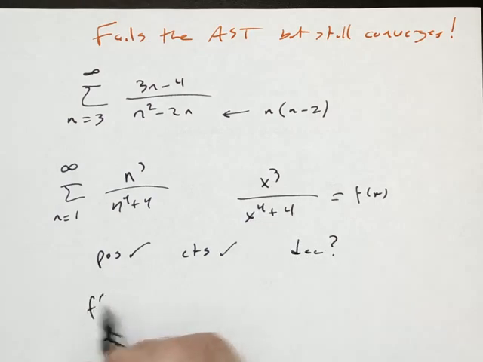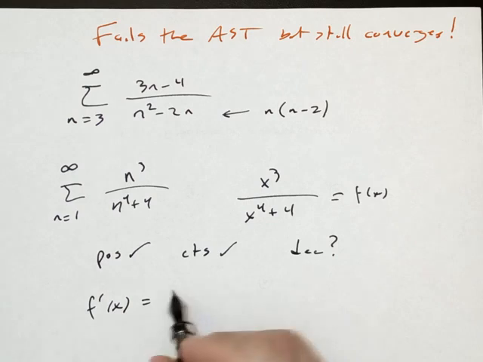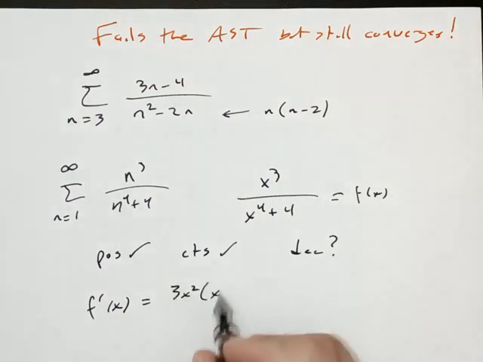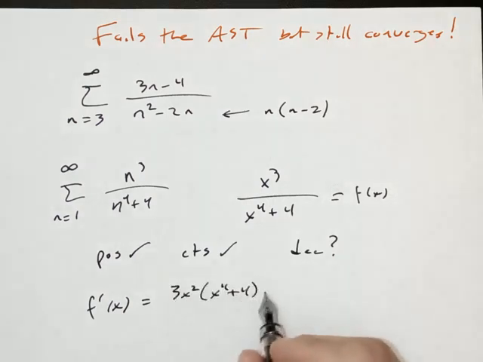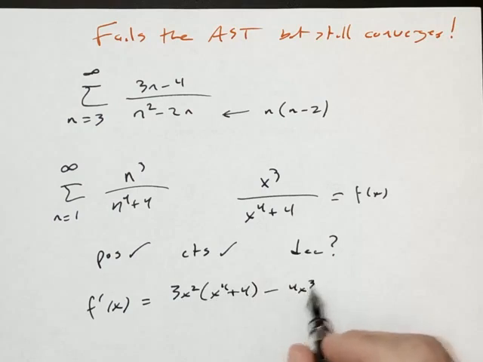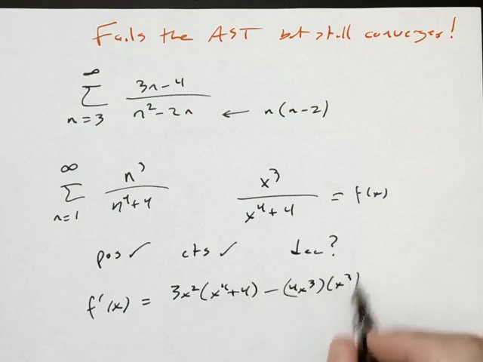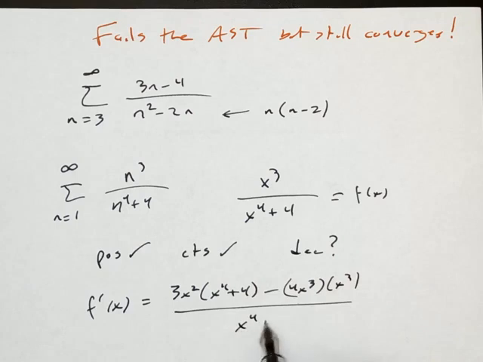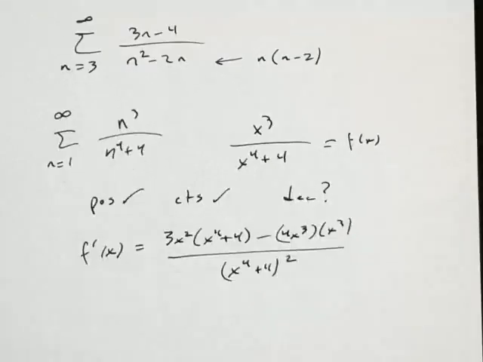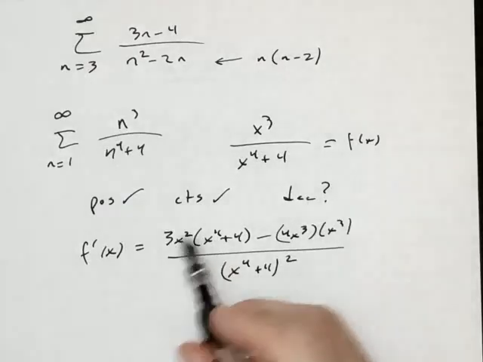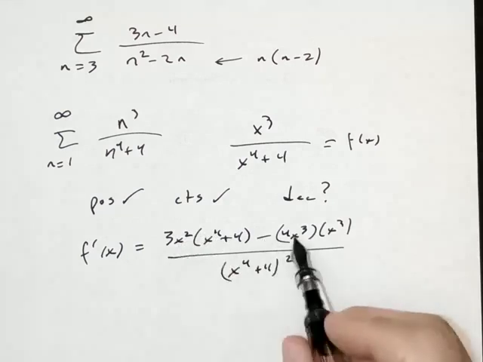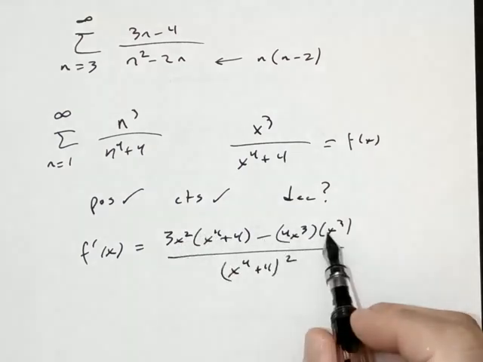Decreasing. Uh-oh. Let's look at the derivative. Derivative of the top times the bottom minus derivative of the bottom times the top, over bottom squared. Now look at what happens on top. I have 3x to the 6th minus 4x to the 6th.